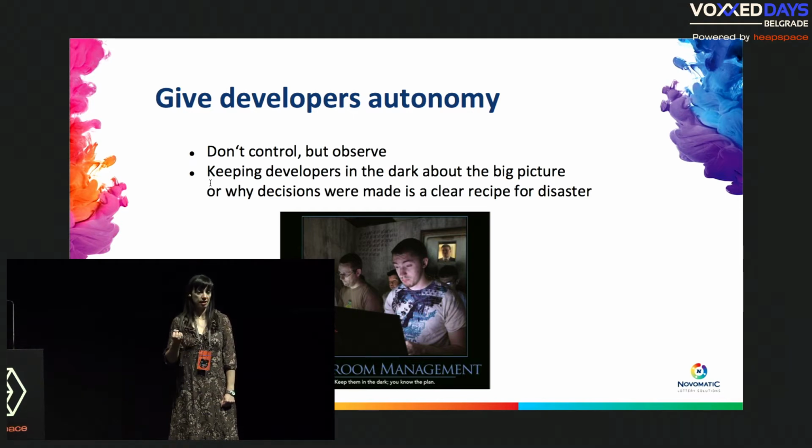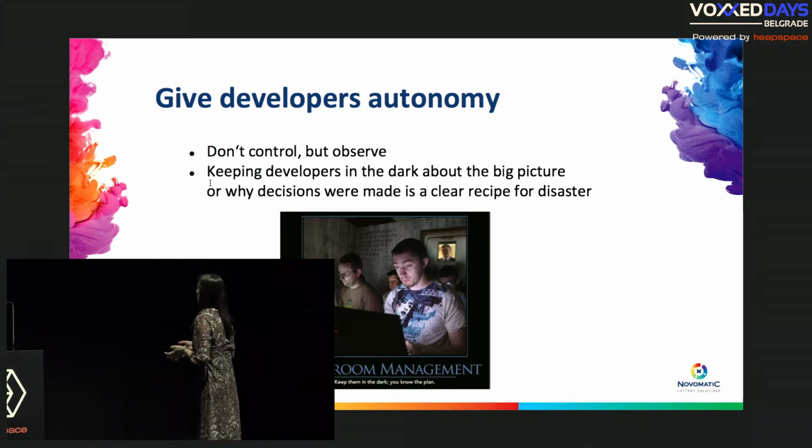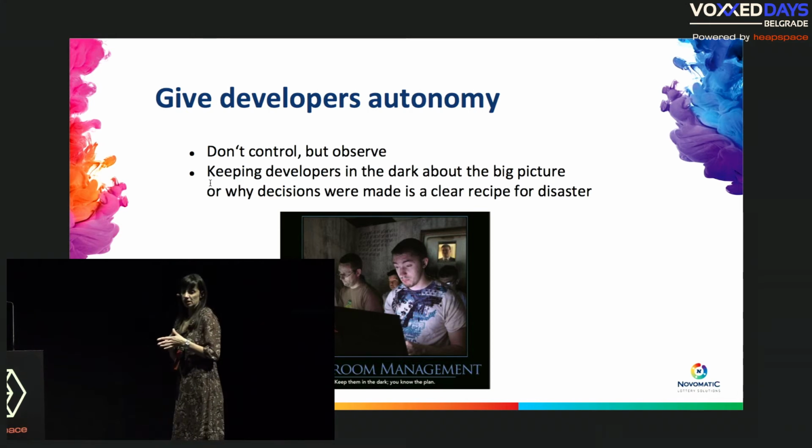The more decisions they can make on their own, the better. That means that you have the shared vision of what you are creating together. And don't ever keep them in the dark regarding decisions that have to be made, because this is a clear recipe for disaster. In our company, it's not like that.